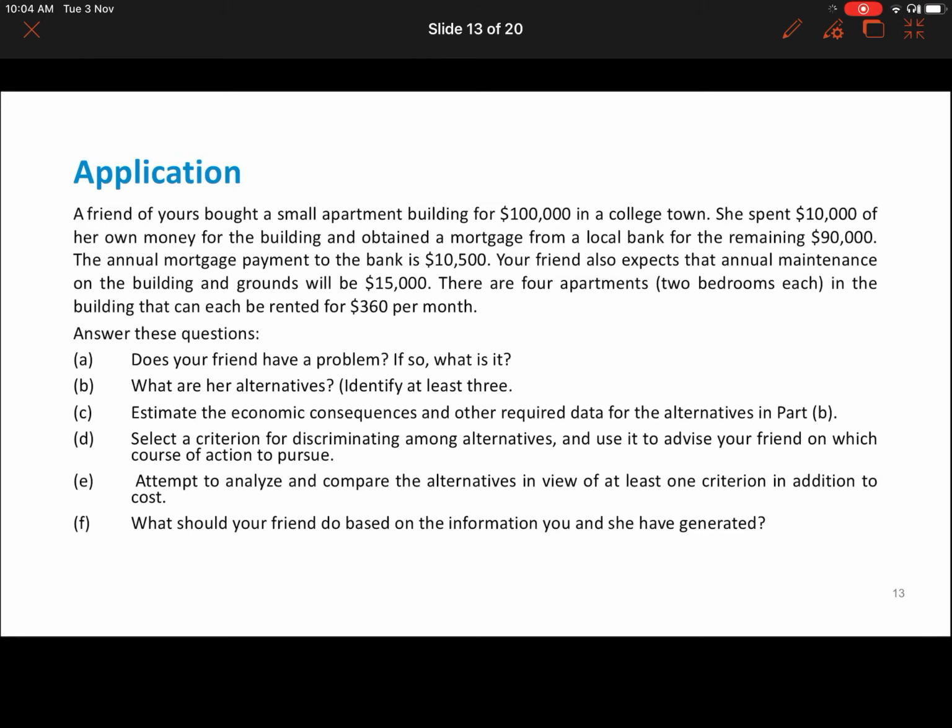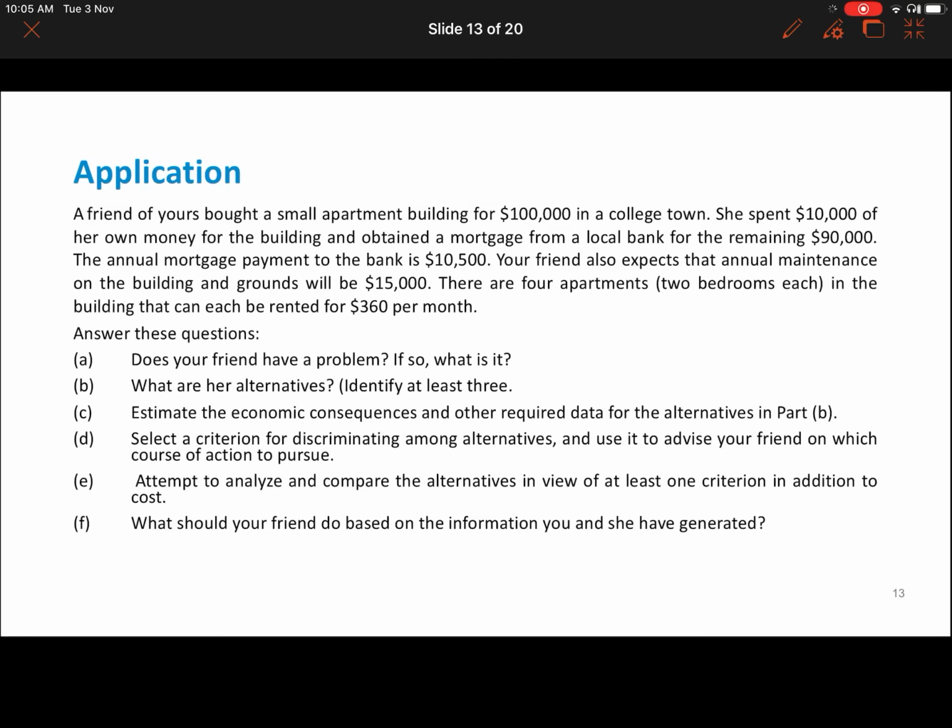So please let's think about these questions. First, does your friend have a problem? If so, what is it? What are her alternatives? Identify at least 3. Estimate the economic consequences and other required data for alternatives in Part B. Select a criterion for discriminating among alternatives and use it to advise your friend on which course of action to pursue.